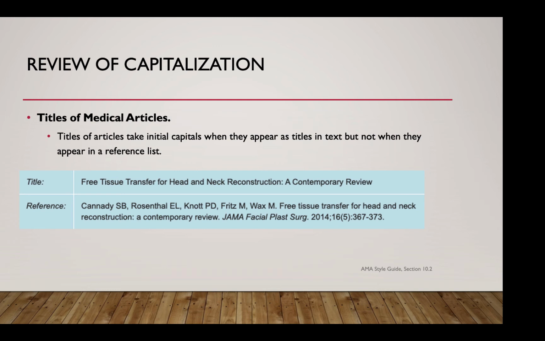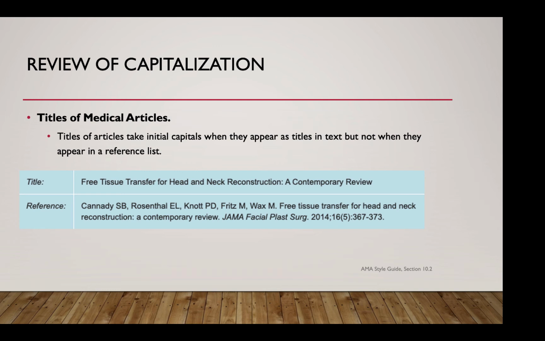So one thing I want to talk about is titles of medical articles. When you're talking about the title of a medical article within the text, you would capitalize all the major words. But if you talk about the title of a medical article in a reference, you do not capitalize all of the letters.